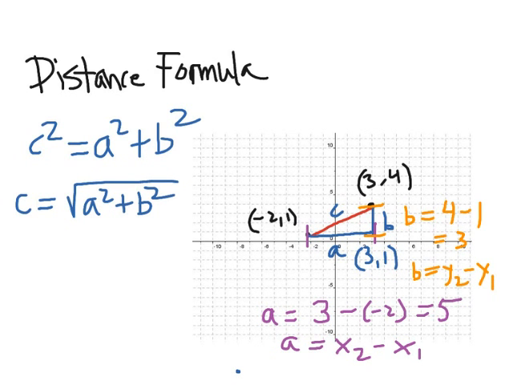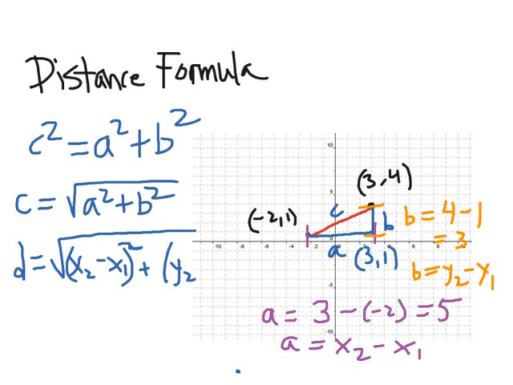Alright, so here's our distance formula. Usually we don't use c, usually we use d for distance. The distance formula is the square root of, subtract the x numbers, x2 minus x1 squared, plus subtract the y numbers, y2 minus y1 squared. So that's known as the distance formula. In this case, x2 minus x1, we already figured that out.